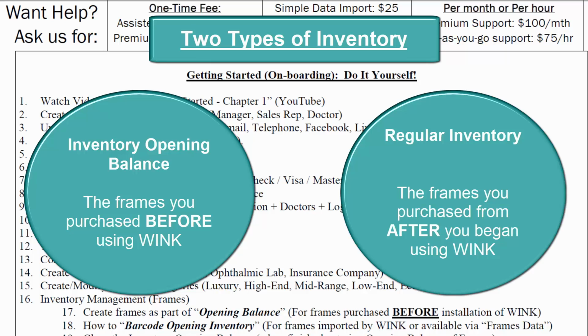The second is the inventory, or the frames, you purchased from suppliers after you began using Wink. In Wink terminology, that's just regular inventory. For the most part, your daily operations will only ever be concerned with regular inventory. However, when you first begin using Wink, you'll need to enter the frames you already owned as your opening balance of frames.